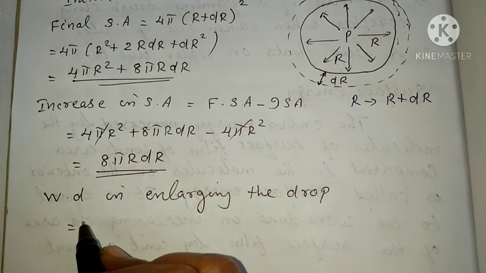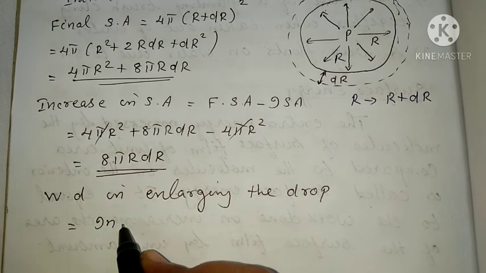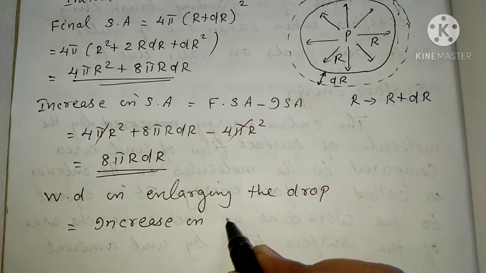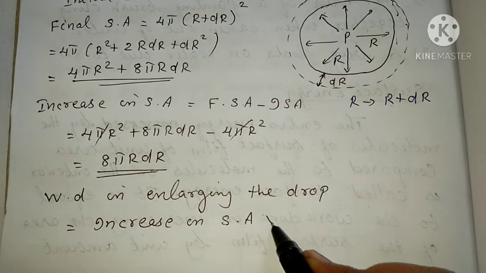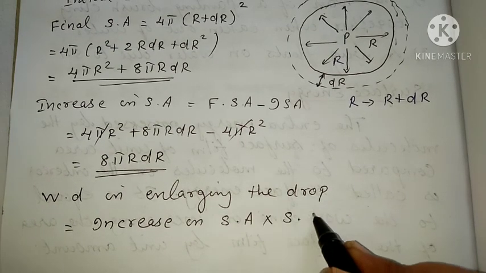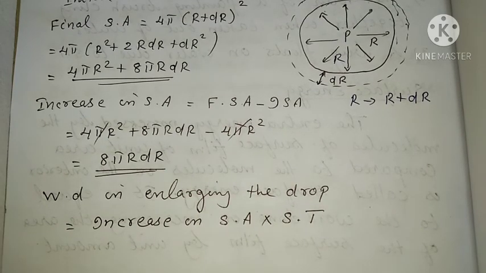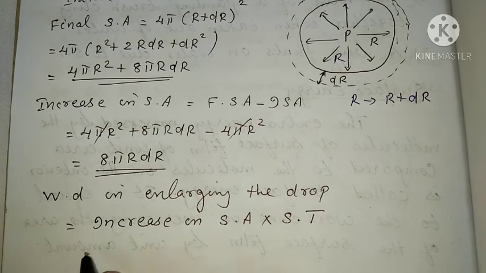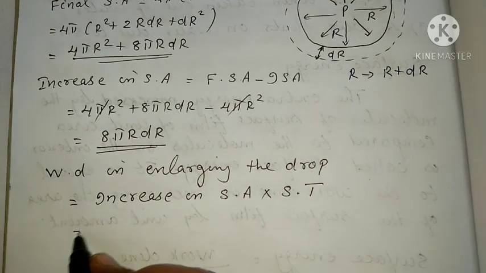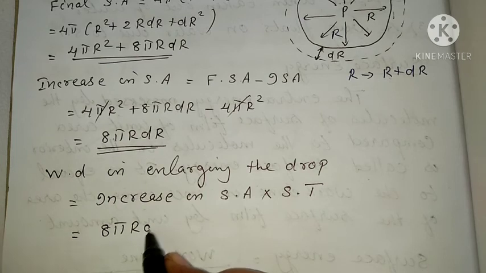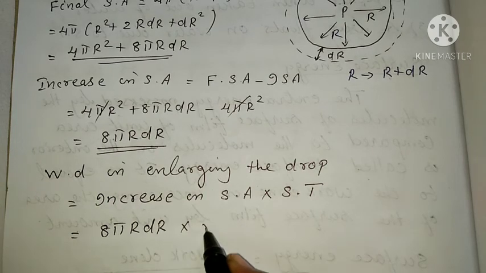So we can write the formula: increase in surface area into surface tension. What is the increase in surface area? That is equal to 8 pi r dr into surface tension.